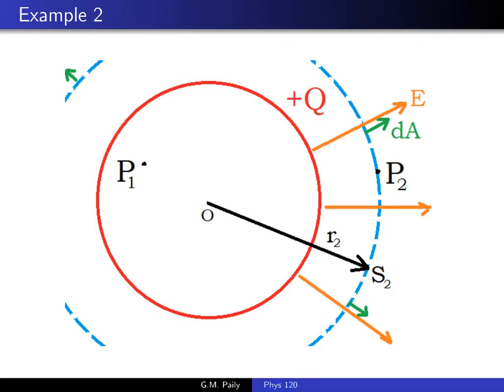We expect that if there are electric fields outside the shell, then they will point radially outward because of the symmetry of the shell. Looking at the little area vectors, we know that they point in the same direction as the electric field, and so the angle between them is always going to be 0.